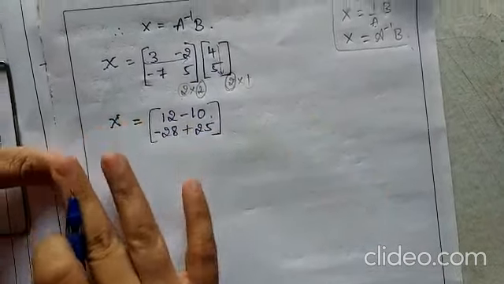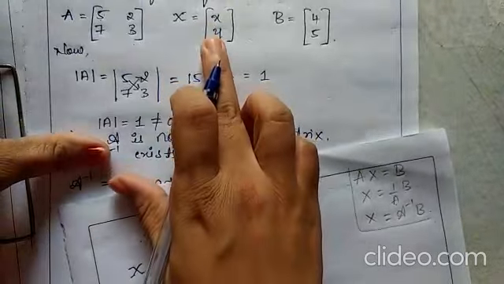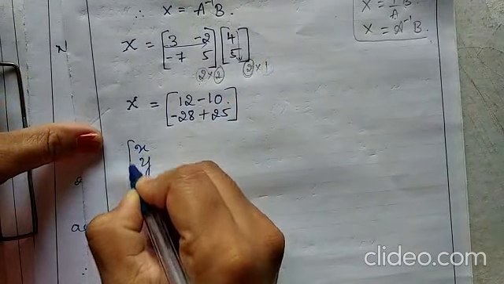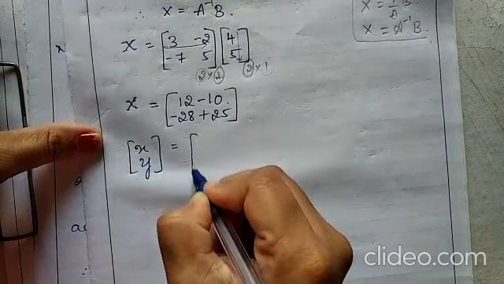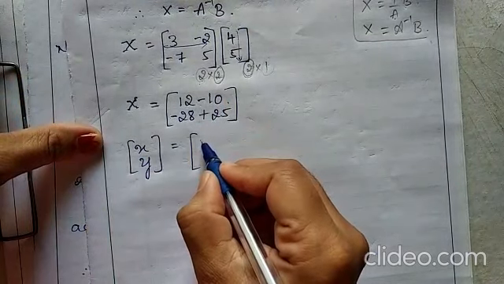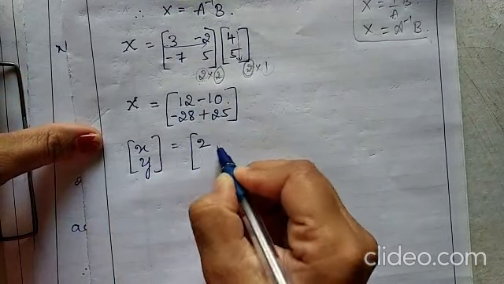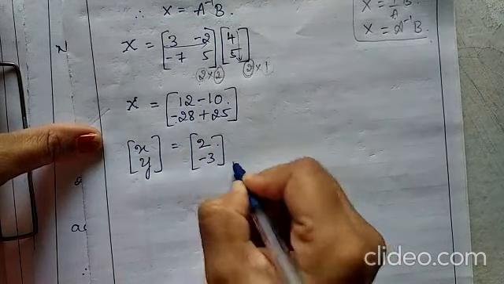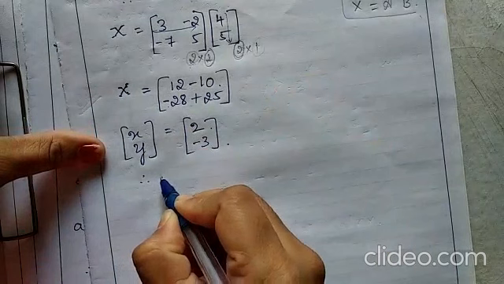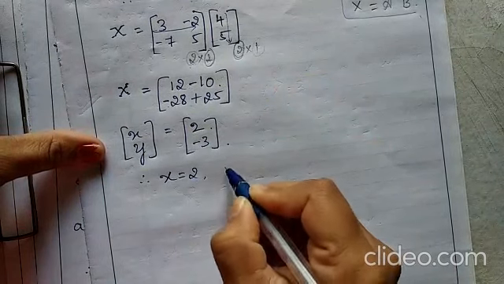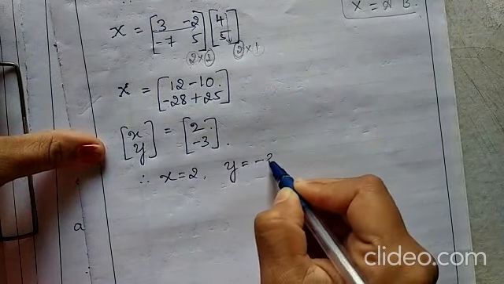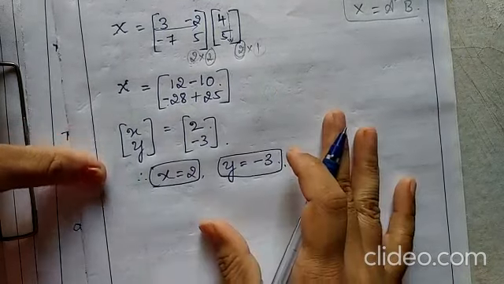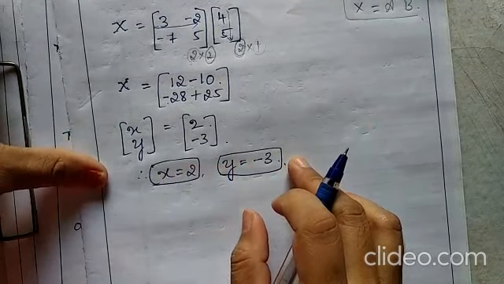This X matrix is x, y. So 12 minus 10 is 2, and minus 28 plus 25 is minus 3. Therefore, x is equal to 2 and y is equal to minus 3. These are the values of x and y.